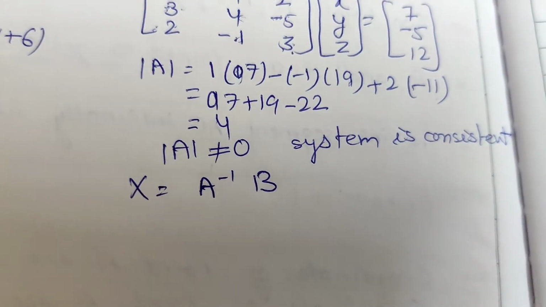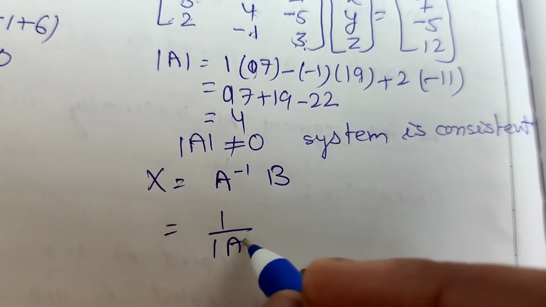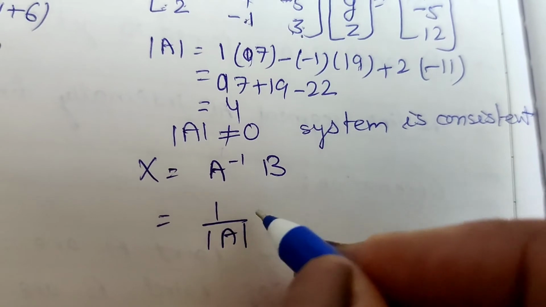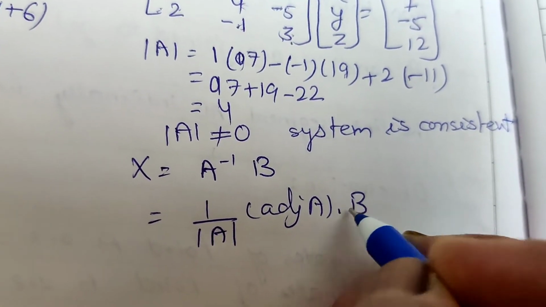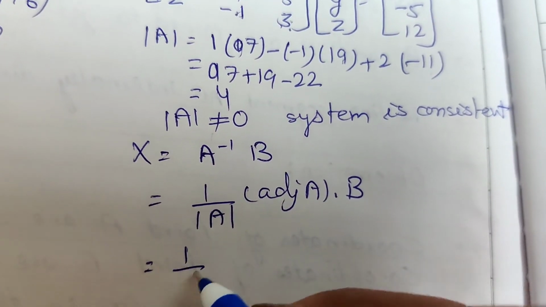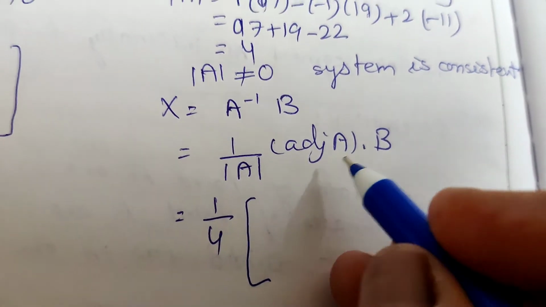Now, the value of X equal to A inverse into B. How to find the inverse of A? It means 1 by determinant value and adjoint of A multiplied to B. The determinant value 1 by 4 and adjoint you can find and write.